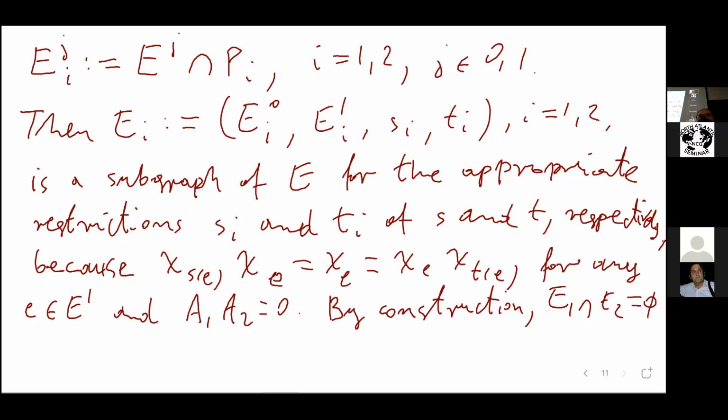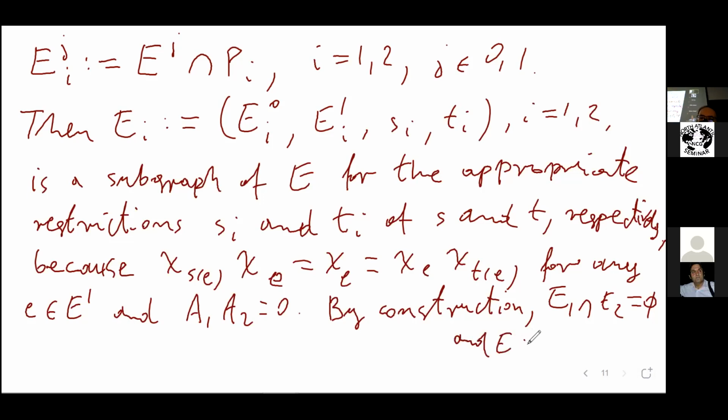Yes, of course, because remember that the intersection of P1 and P2 is empty. So the intersection of any subsets of P1 and P2 is also empty, and the set of edges and the set of vertices are by definition subsets of Pi, okay? So you have it by construction.